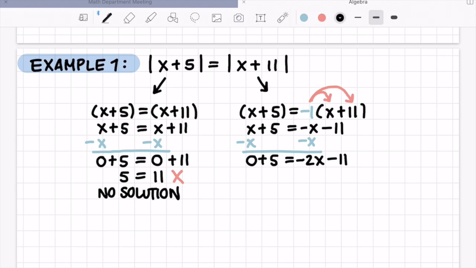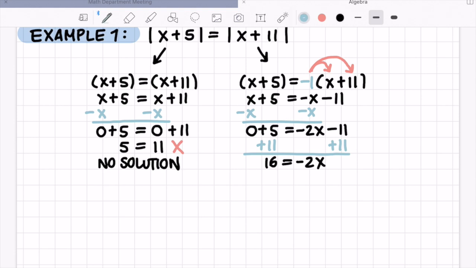The next step that I want to do is combine my 5 and 11. So I'm going to add 11 to both sides. When I do that, I get 5 plus 11 gives me 16, and that equals negative 2x. And so the last step right here is I see that negative 2 is multiplying with x.